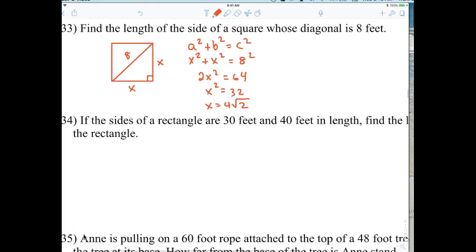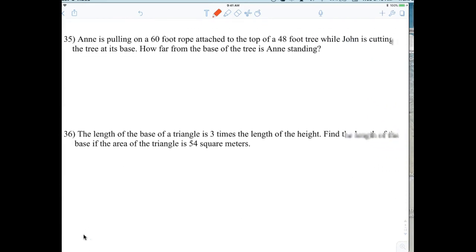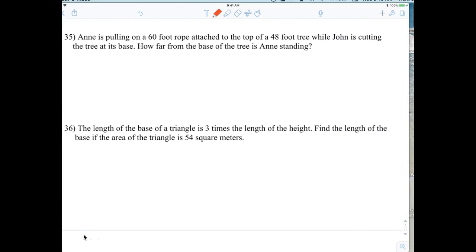All right, 35, just like here. Annie is pulling on a 60-foot rope attached to the top of a 48-foot tree. So there's my tree, there's my rope, and this is 48 feet. The rope is 60. How far from the base of the tree is she standing? This is x. So trees generally grow at what?